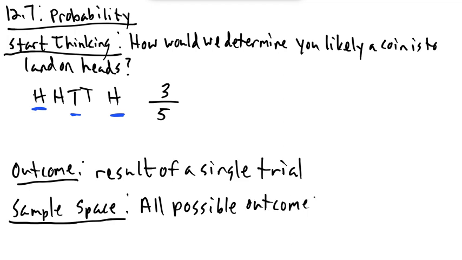In this example up here, what are the possible outcomes when we flip a coin? Well, it can either land on heads or it can land on tails. You might also say it could land on a side, and we might consider that as part of our sample space as well. Then finally, our last term is an event. And what an event is, is just one or more outcomes combined.